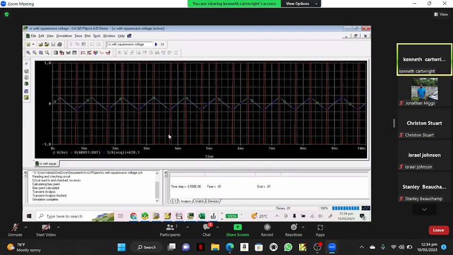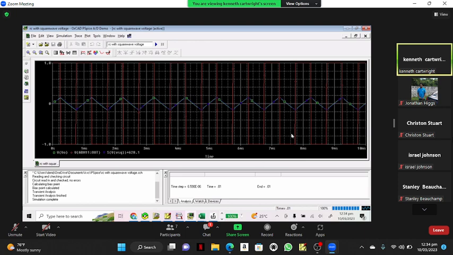Now you have the blue lying on top of the green, telling you what? They're very, very close together. And of course, I got too many cycles on this. But that's because of something I had earlier. If we'd stopped at 5 milliseconds, that would have been fine. So there are too many cycles on this.